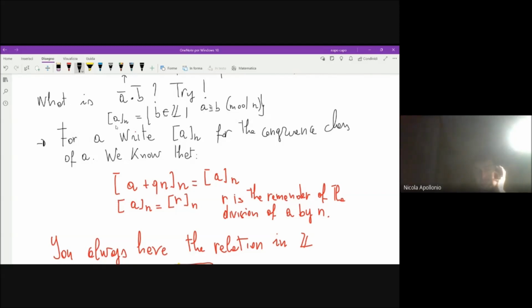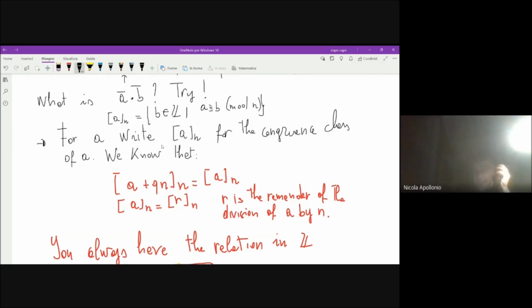So when I write this symbol, I'm just writing the equivalence class to which a belongs.